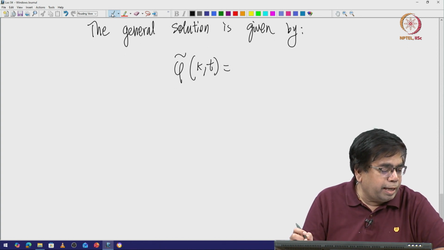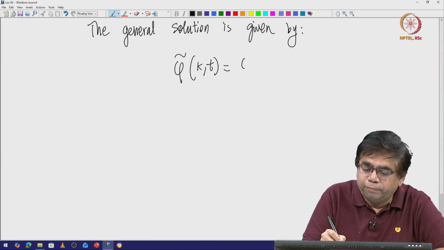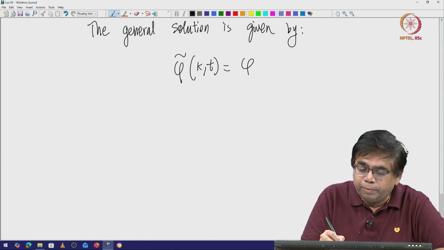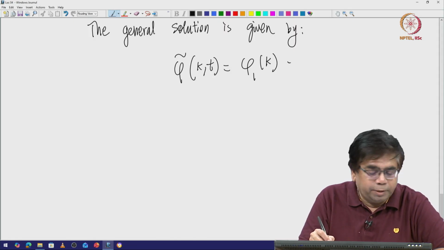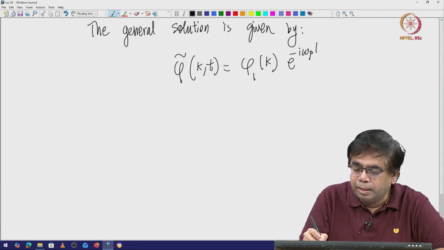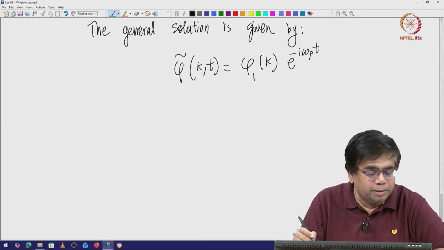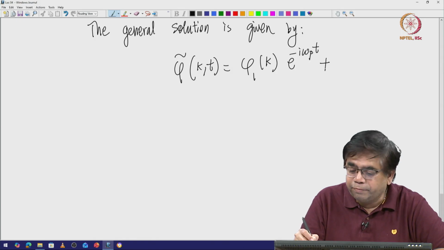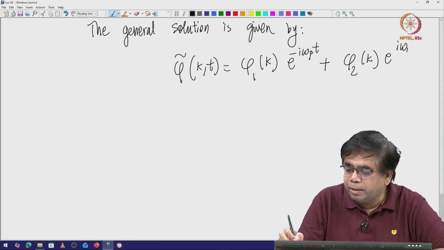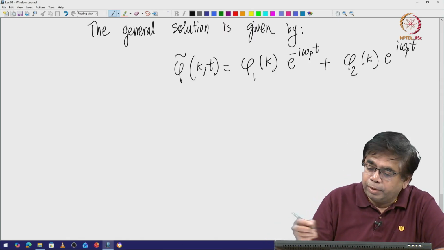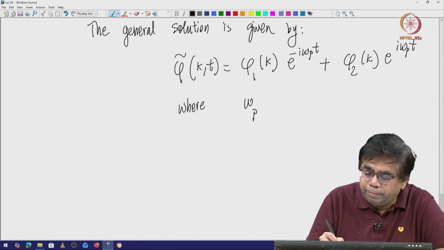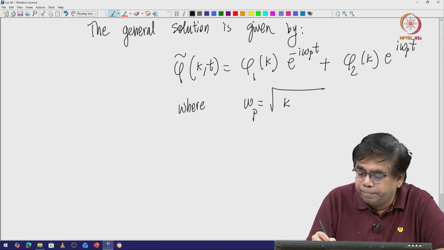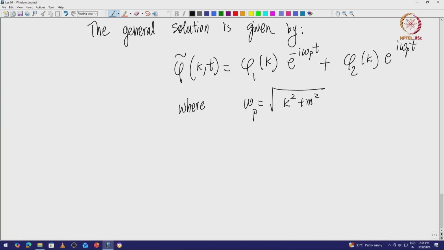Which you can write as phi 1 of k e to the power i omega_p t, plus phi 2 of k e to the power plus i omega_p t, where omega_p is the energy or the frequency, given by root of k squared plus m squared essentially.